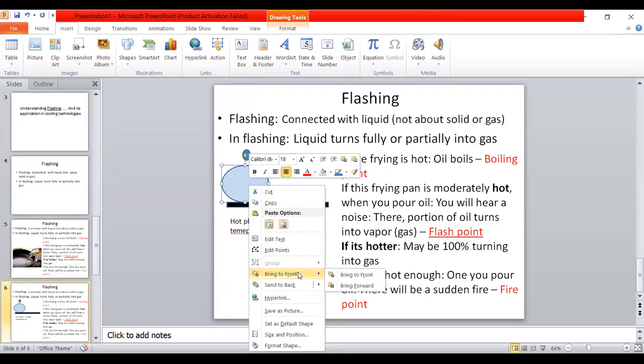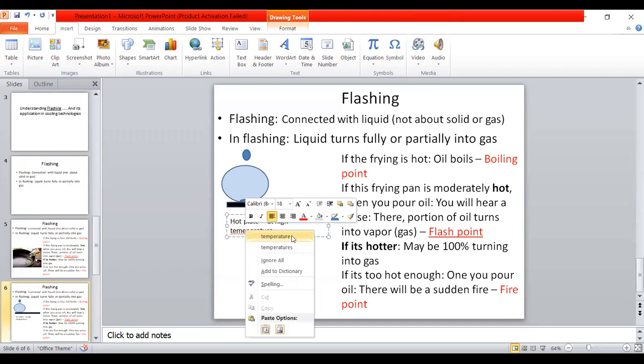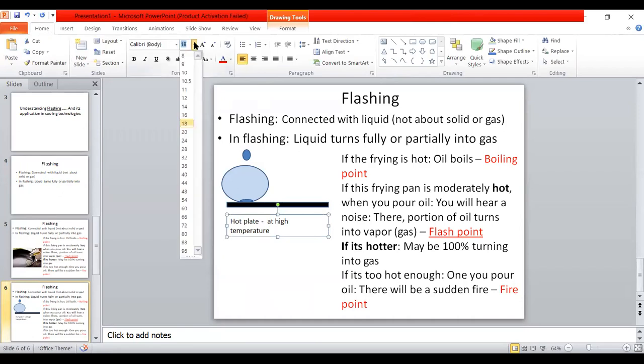Let me tell you the size of this. It turns into a huge cloud of vapor. I hope you can see it even on your small devices.